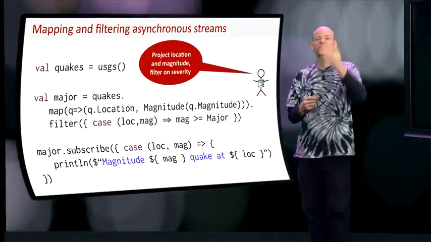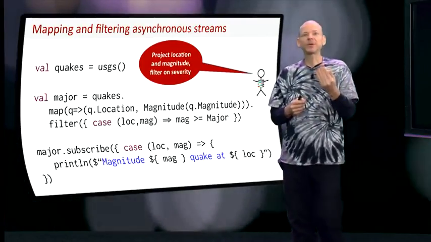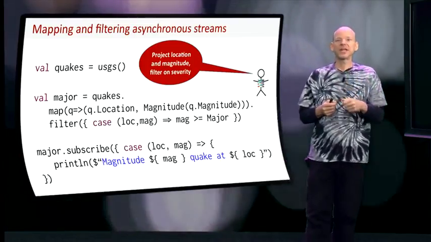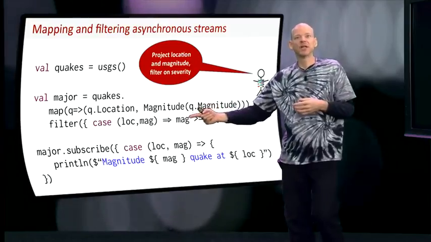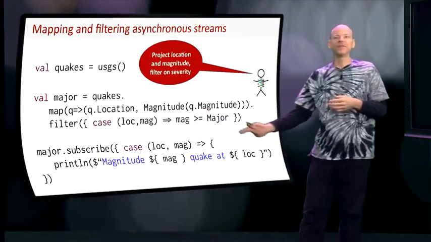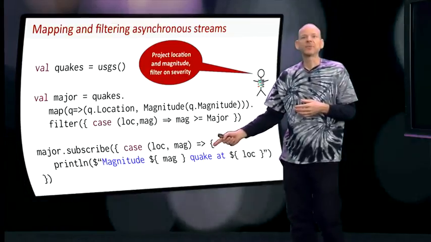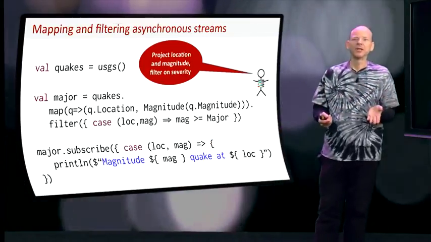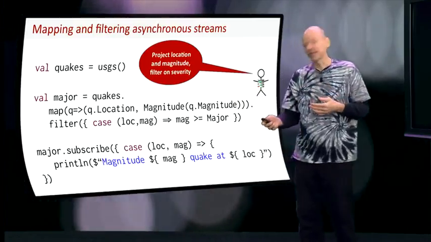Here we get our observable of quakes, then we map: we pick out the location and we create a magnitude value from this double, then we filter out all the major earthquakes, and then we just print them. So it's very, very simple. We map and filter over these asynchronous streams.